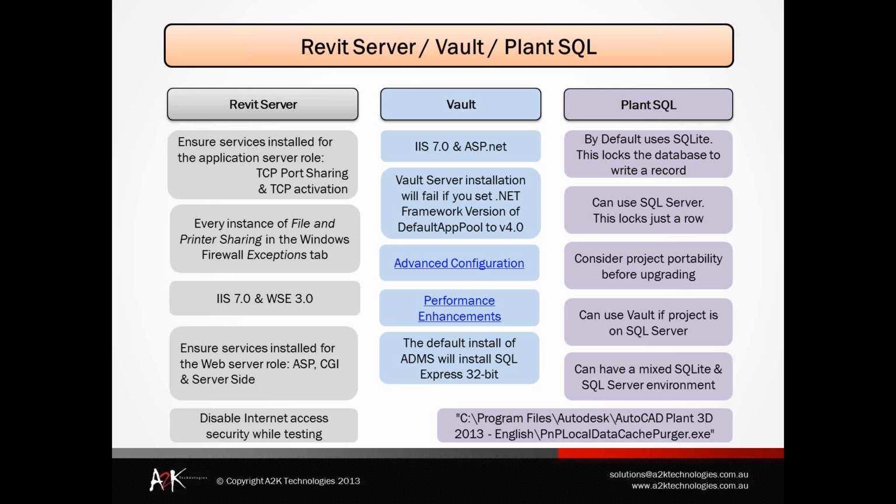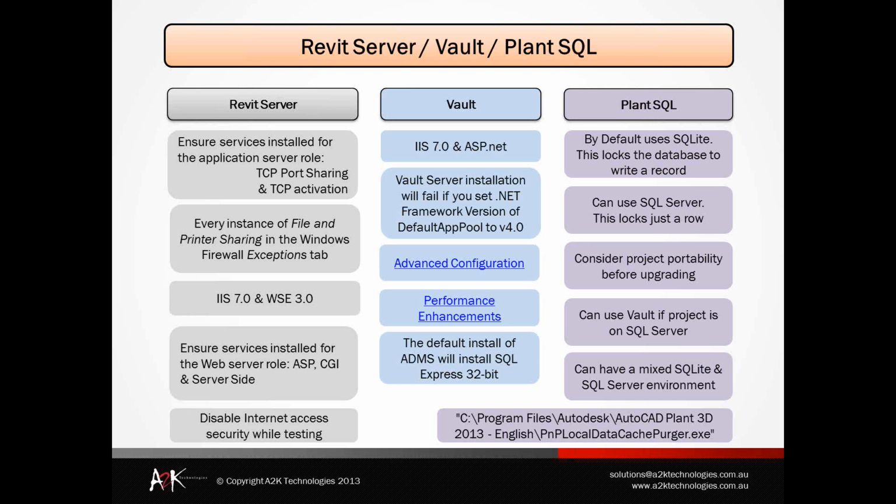The SQLite database engine uses a read many, write once record locking scheme, which simply means multiple people can be reading the file, but if anybody's trying to enter data into the file, the entire database will be locked while they do so.